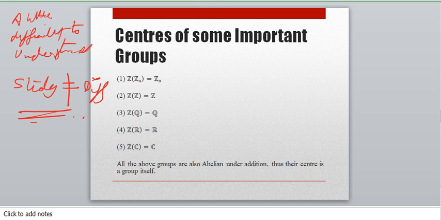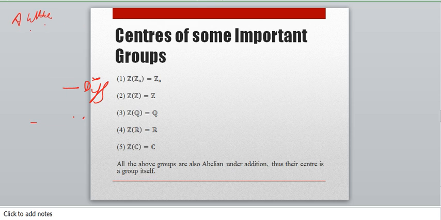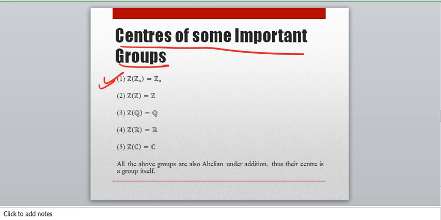So let's start. Let's rub off what I had written over here. In the first one, you have Z of Zn is equal to Zn, centers of some important groups. So this group's center is Zn.